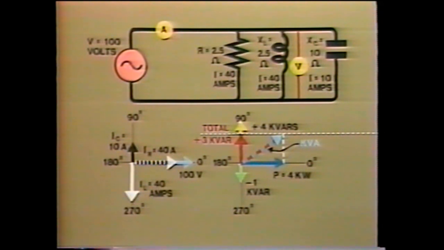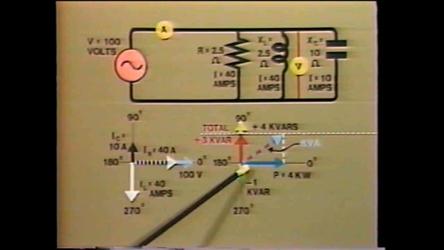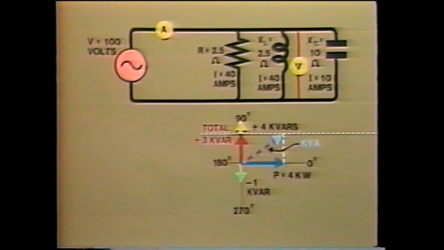But how can we find the value of this other than by direct measurement? Well, you probably remember the Pythagoras theorem, which says that the square of the hypotenuse is equal to the sum of the squares of the two sides on a right angled triangle. This means that volt-ampere squared will be equal to watts squared plus VARs squared.